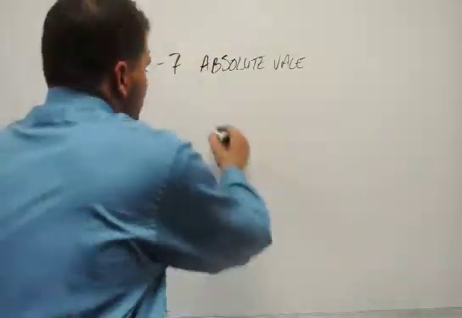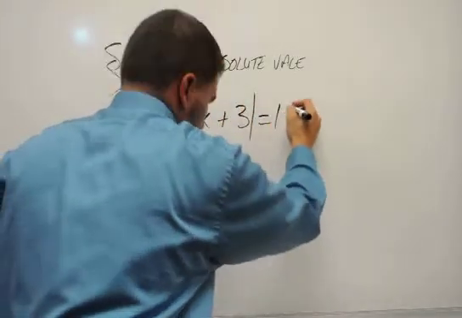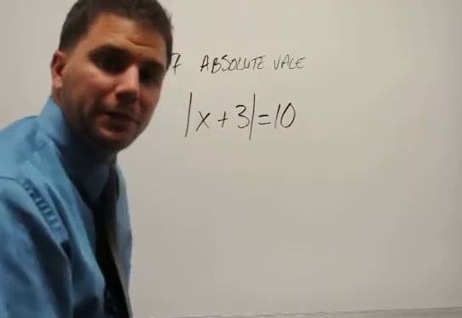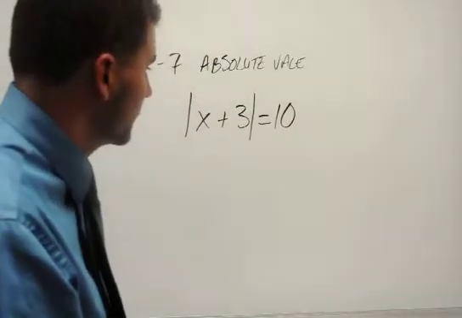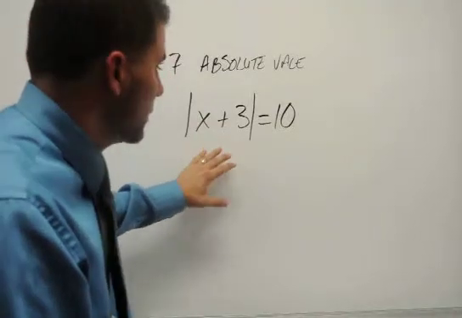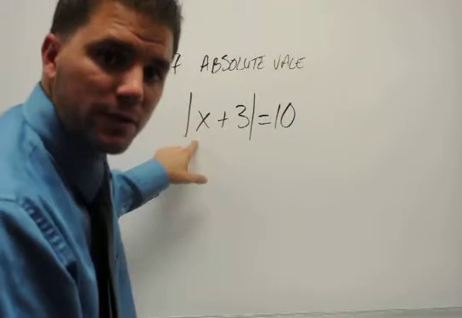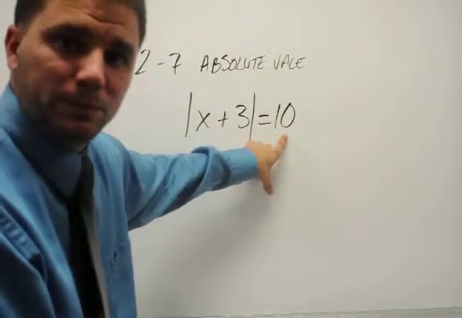Getting into more of the difficult parts, we have the absolute value of x plus 3 is equal to 10. Now, the absolute value is already isolated. So what I'm going to try to do here is find two numbers that I can plug in for x that will get me 10.